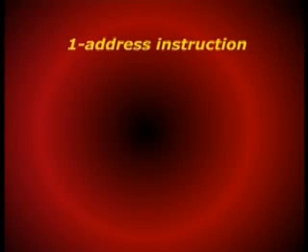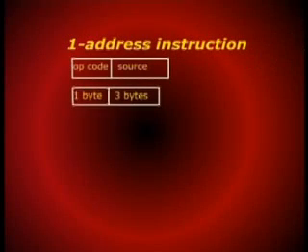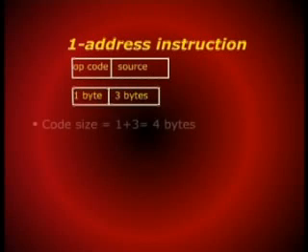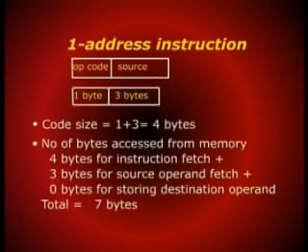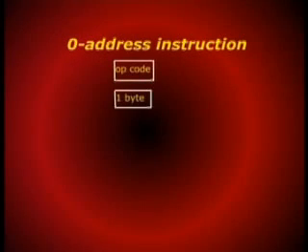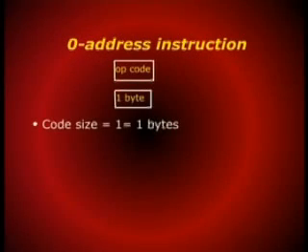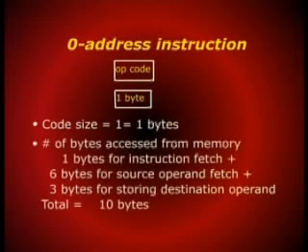For a single address instruction, similarly, the code size is just 4 bytes, and the total number of bytes accessed are 7 bytes. For a 0-address example, the code size is just 1 byte, and the total number of bytes accessed from the memory is 10 bytes.